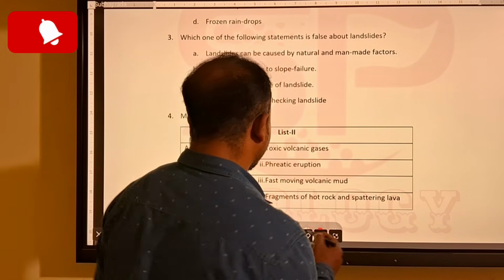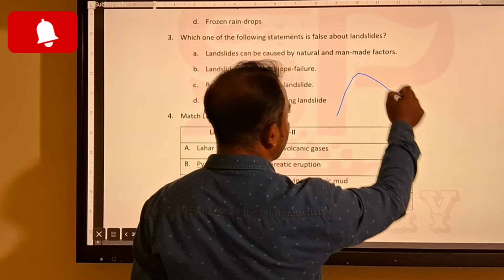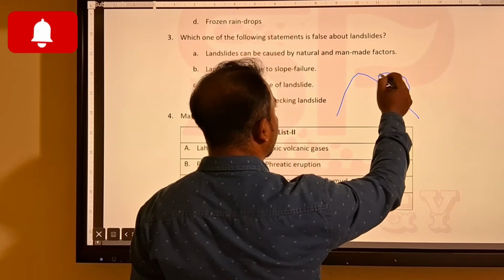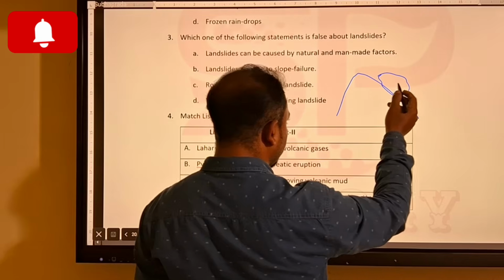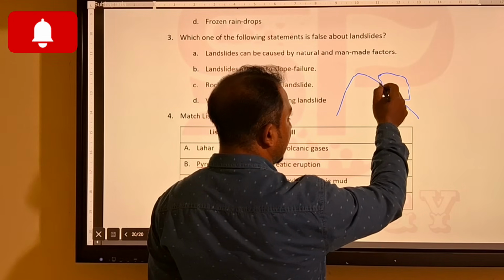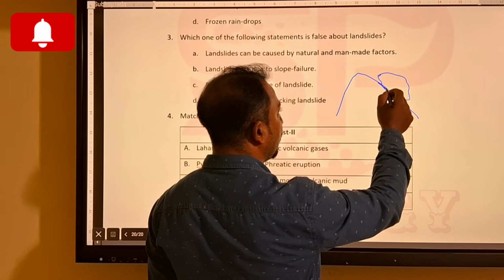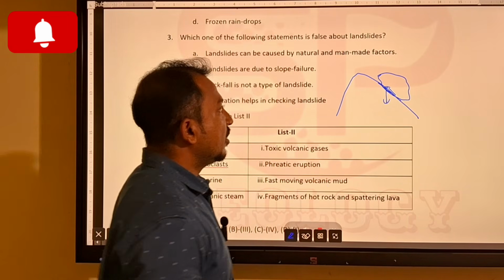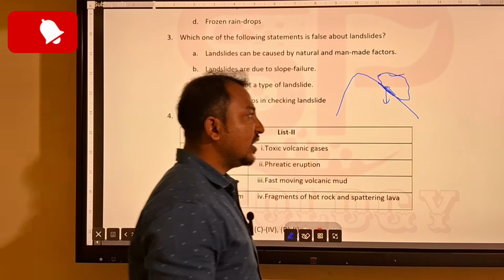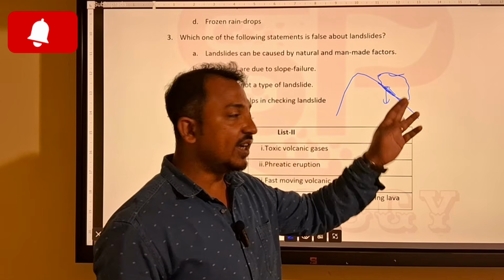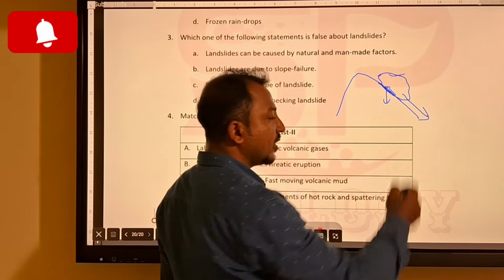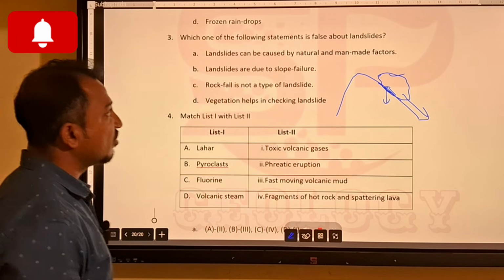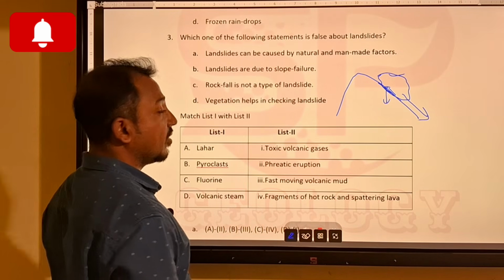When sediments are present on the slope of a mountain, they are held on the slope by two forces: one is gravity, one is friction. When the weight increases or friction decreases, it will move downward by the influence of gravity. That is called landslide or mass wasting.